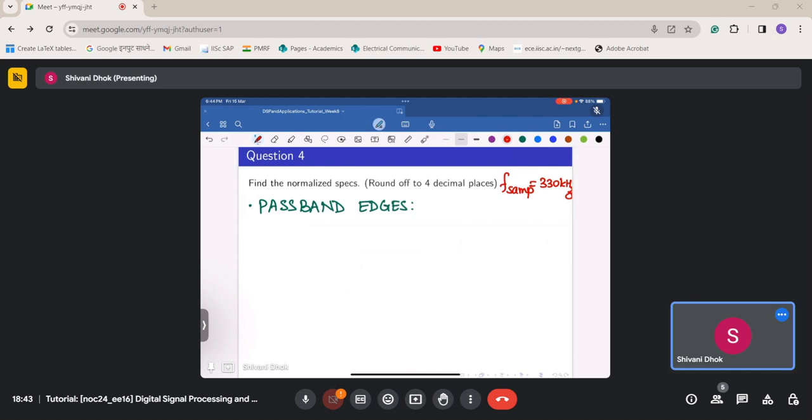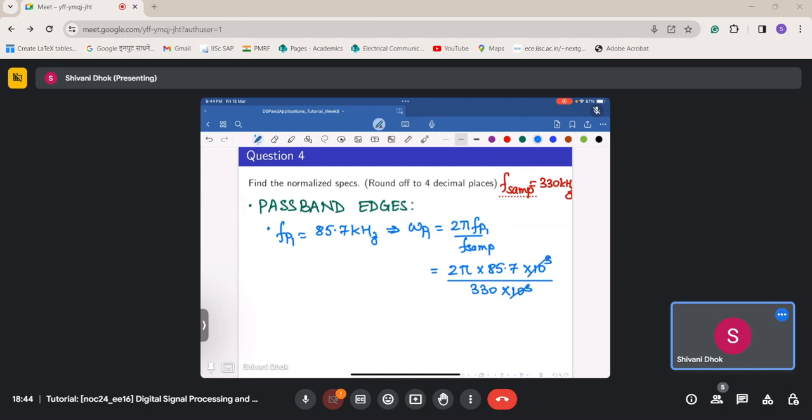So the first passband edge is FP1, which is equal to 85.7 kilohertz, which implies that omega P1 will be equal to 2 pi FP1 upon F-SAM, which is 2 pi into 85.7 into 10 raised to 3 divided by 330 into 10 raised to 3.